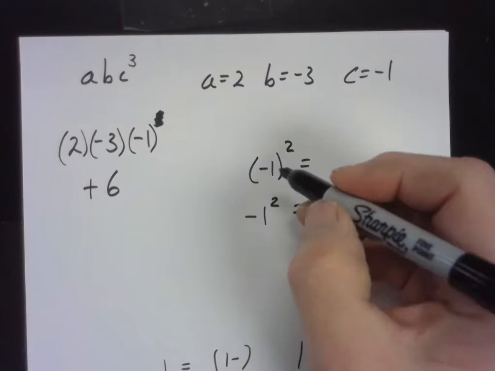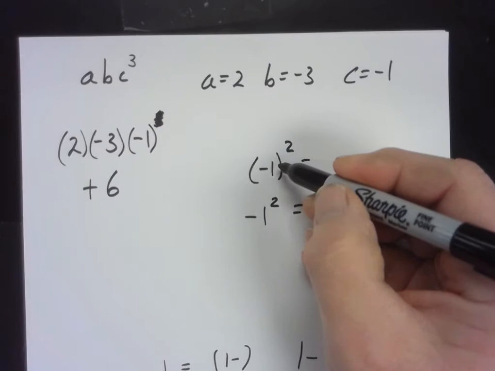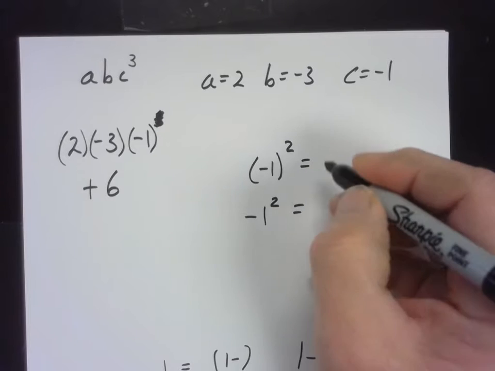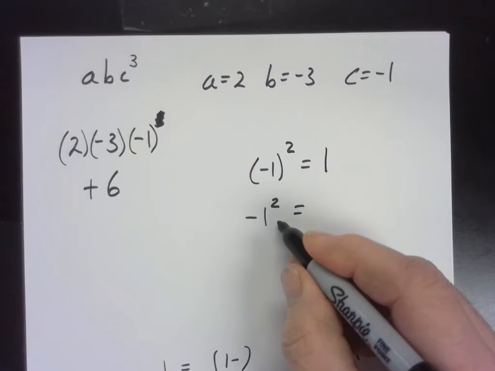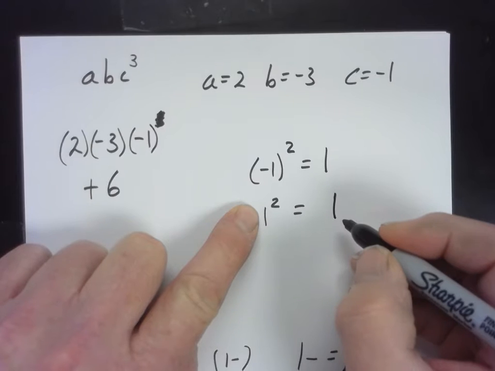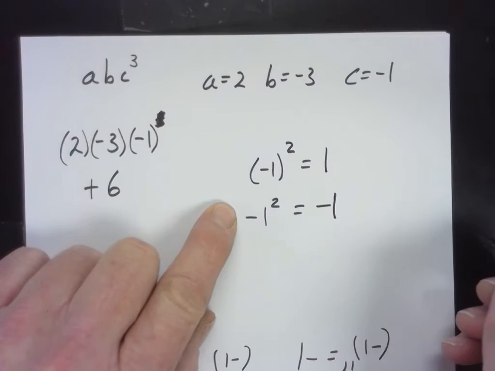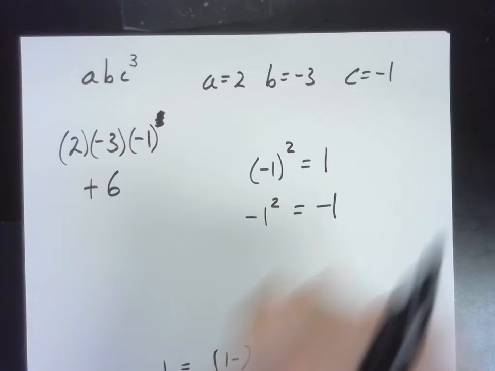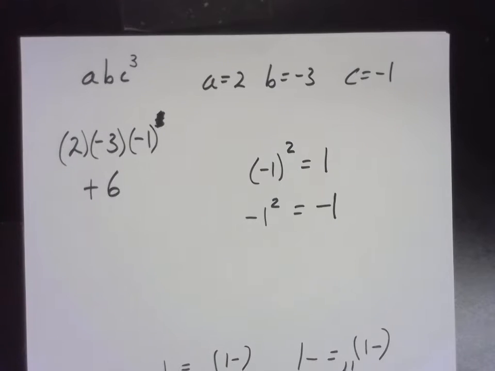Negative 1 times negative 1, which is positive 1. What does this mean? 1 squared. Now what's the opposite? Very different, right? Okay. And this is the stuff we are kind of struggling with on the test, I noticed. I mean, not everybody or anything, but it's something we really need to pay attention to.